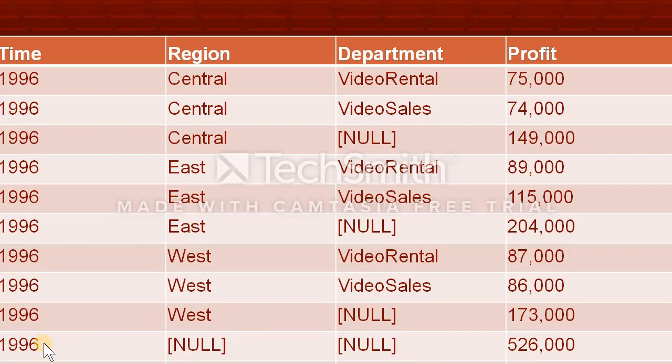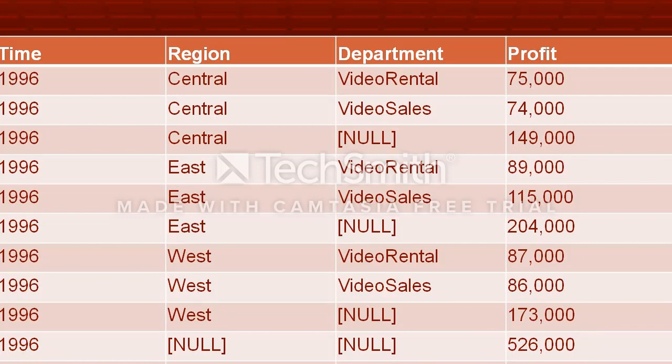Now the 10th row is important. What it is saying is that in 1996, in null regions, in null departments, we got this number of profit. So the meaning of this line is, in the year 1996, in all the regions and in all the departments inside all the regions, we got this number of profit.